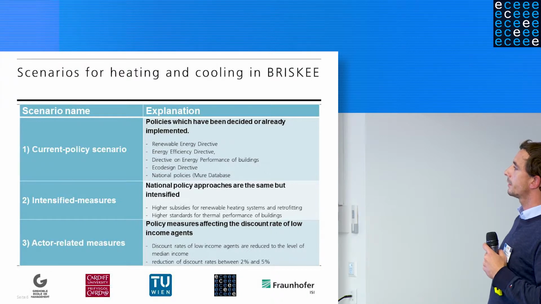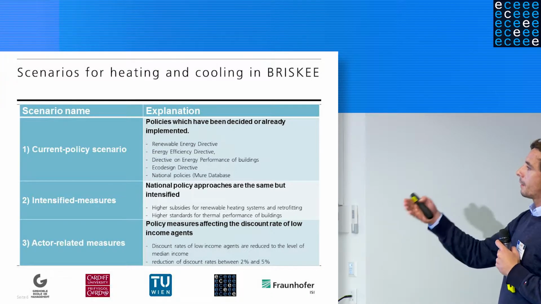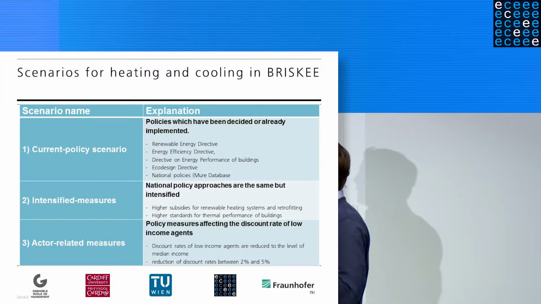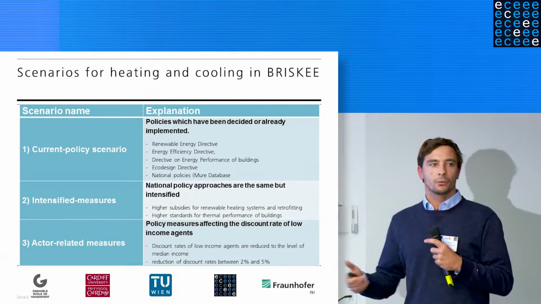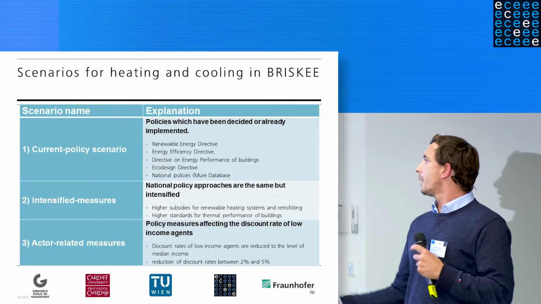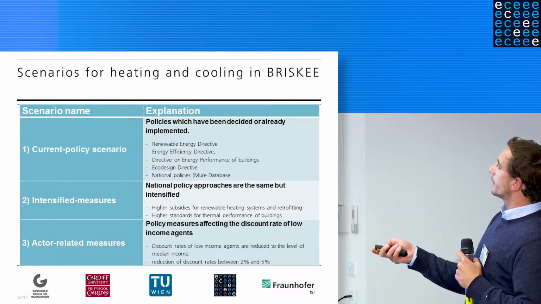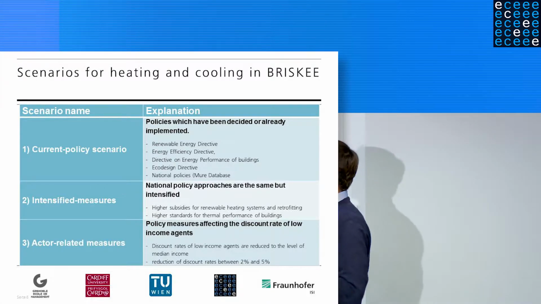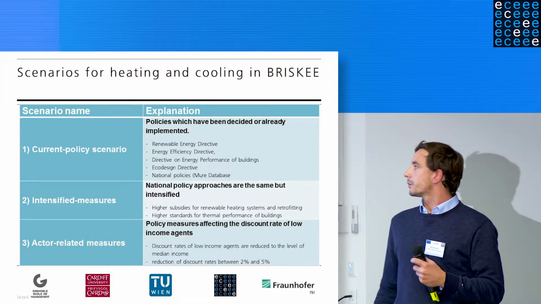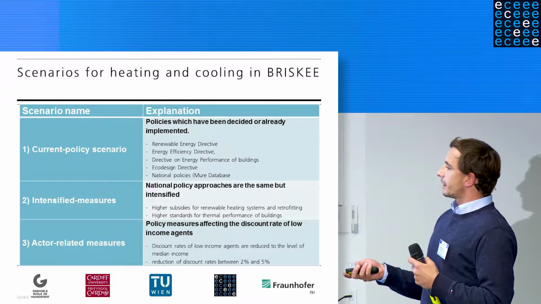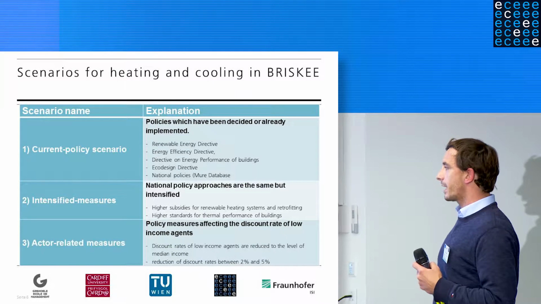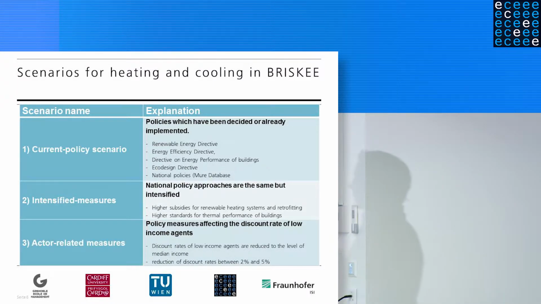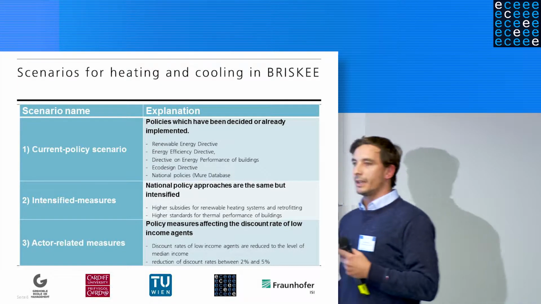Second thing I want to show is the impact of the scenario analysis. We defined 3 scenarios. One is the current policy scenario, where we assume that policies which have been implemented already will stay in place until 2030. The second scenario was done with intensified measures, where we assume that the same measures are just intensified.